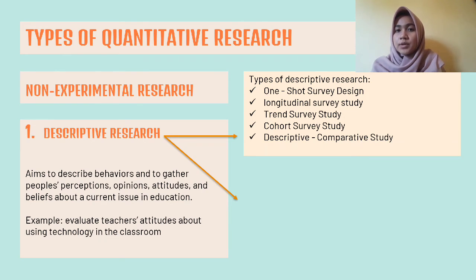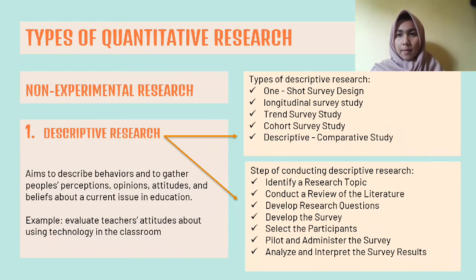This process would repeat itself again and again for a number of years, creating a rigorous cohort survey design. This research examines perception or behavior over time in the same population using different samples from that population.